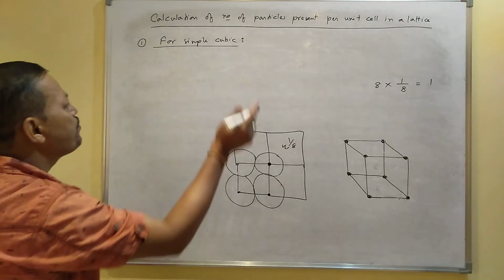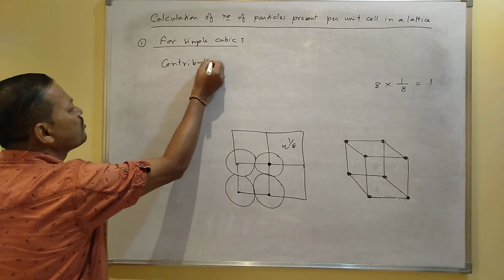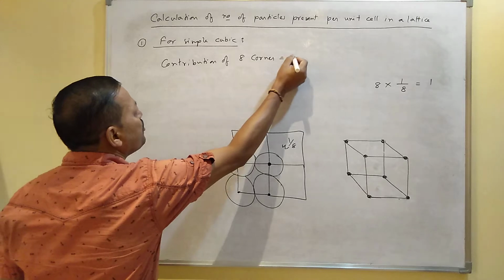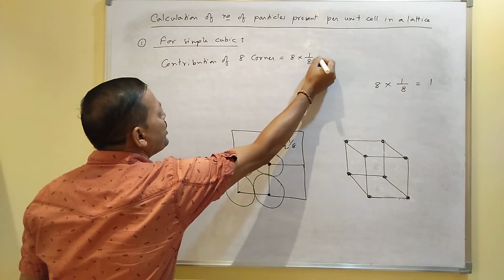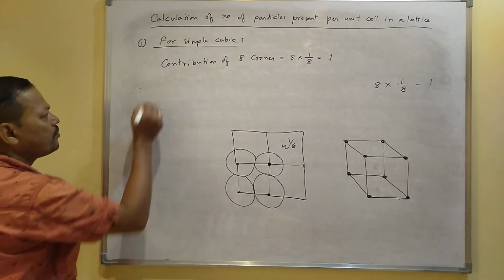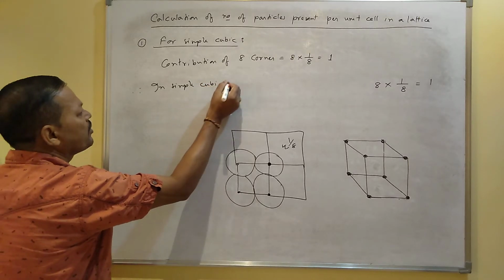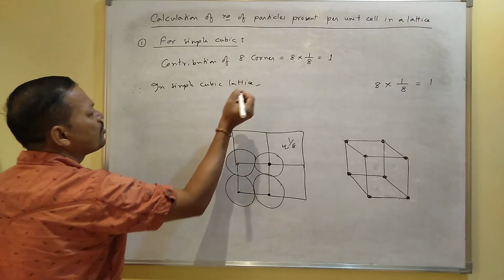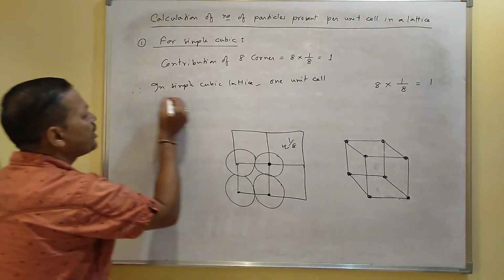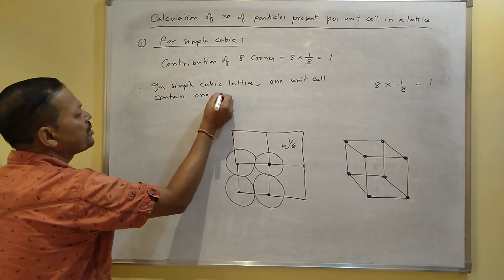So for simple cubic, you will get contribution from 8 corners: 8 into 1 by 8 is equal to 1. Therefore, in a simple cubic lattice, one unit cell contains one particle.